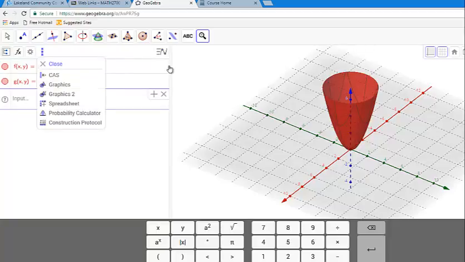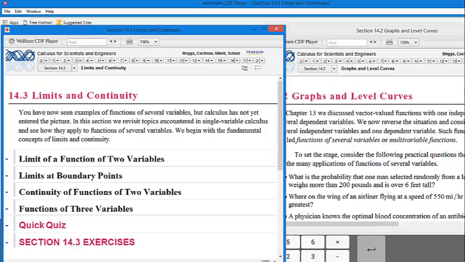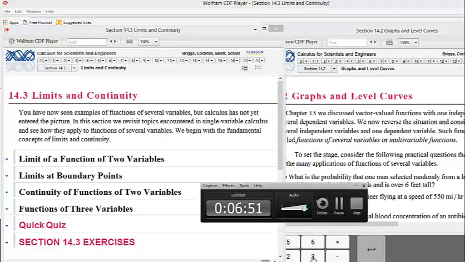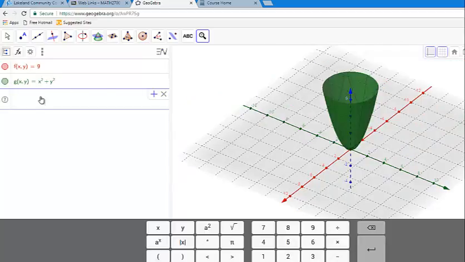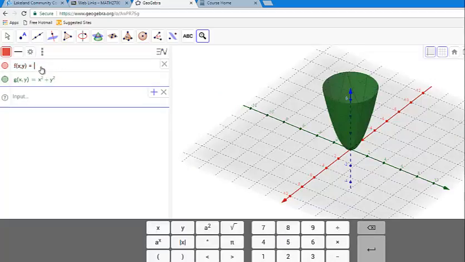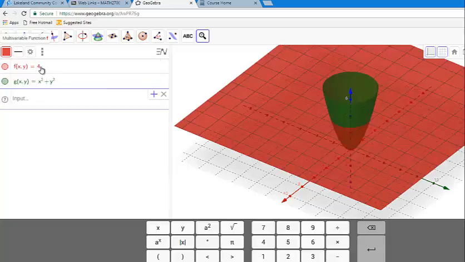Okay, I obviously have a ways to go on this, guys. So you could see, right, once we get above that red plane, you could see the green sticking out. Maybe we'll try another input. If we do f of x, y is equal to 4, there's another nice one.